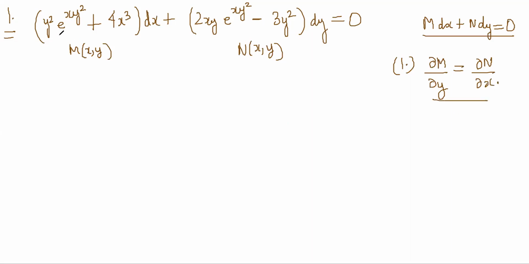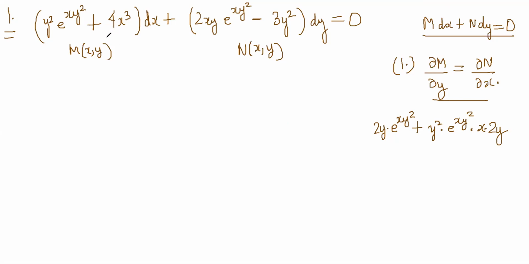With respect to y, I will differentiate this. The first part, y square, if I differentiate, becomes 2y e power xy square, plus y square, I'll differentiate the e part, xy square, with respect to y, x into 2y. The 4x cube part is going to be 0.